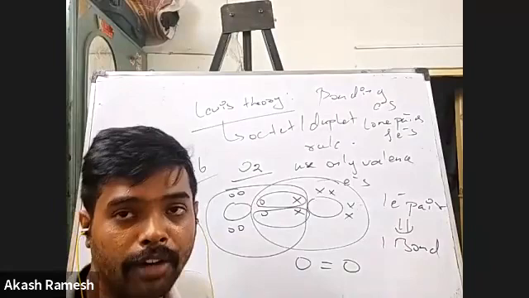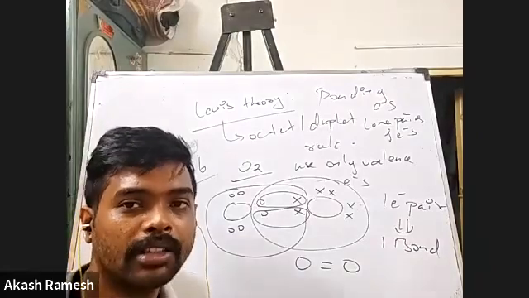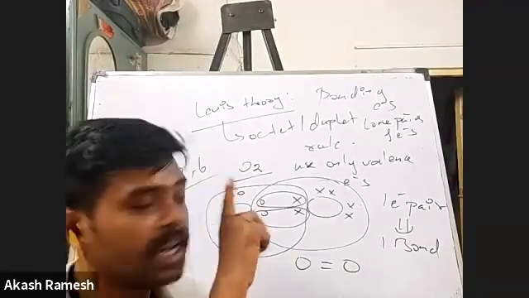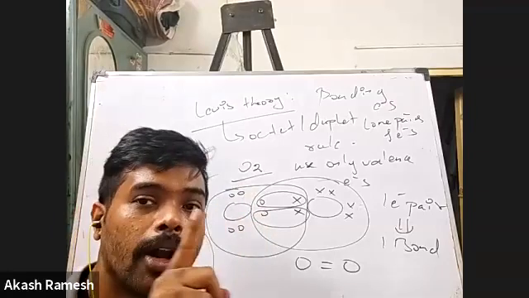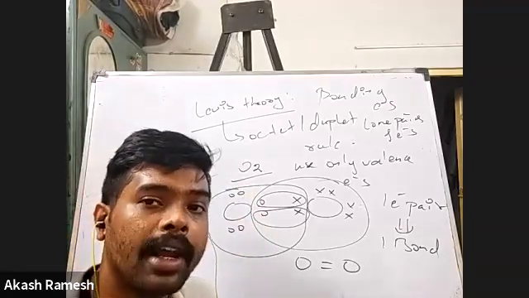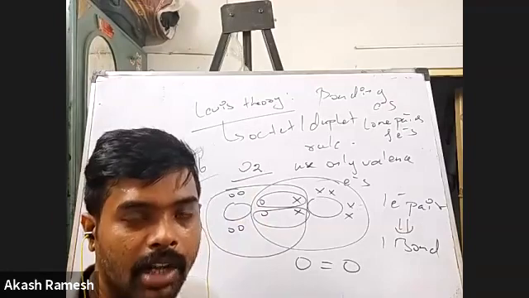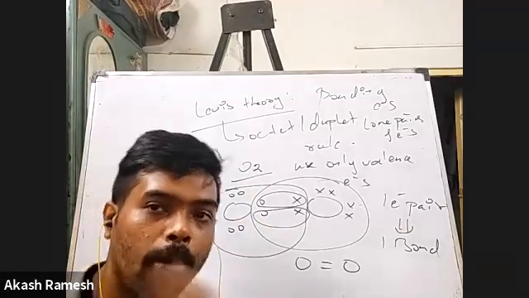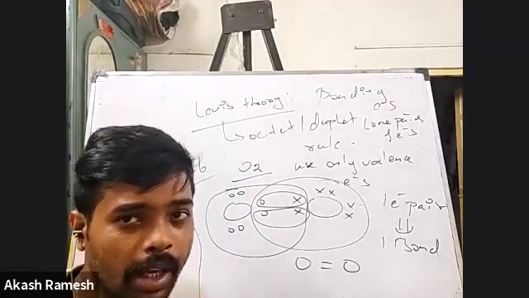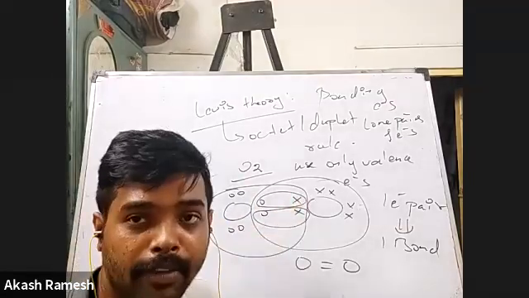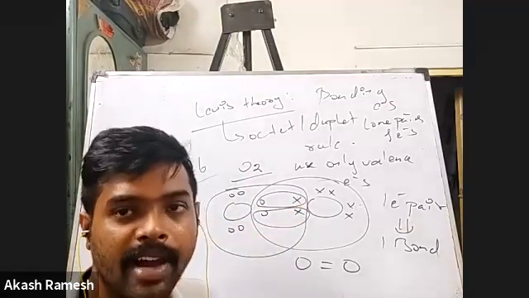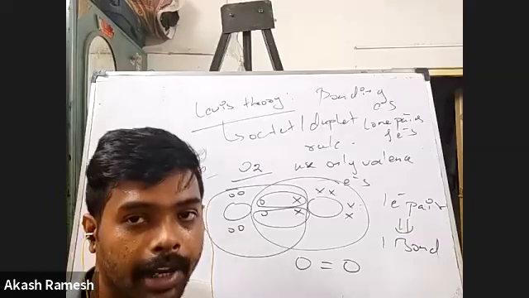So what is the difference between these two? Bonding electrons are the valence electrons which actually are involved in bond formation. Lone pairs of electrons are the ones which are there in the valence shell but not involved in bonding.